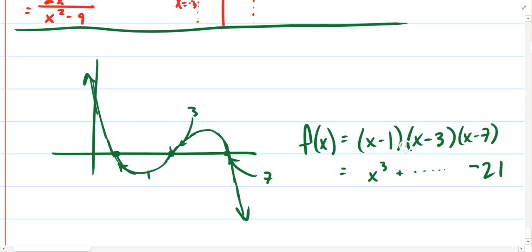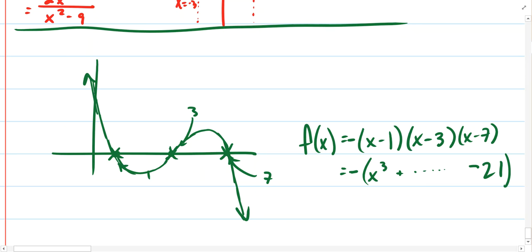While we would still start with the same factors to produce this shape, because the factors are dependent upon the locations of our x-intercepts, we would then have to consider how would we modify this factored result so that the leading coefficient would represent the direction of this particular graph. And sometimes it might be just as easy as introducing a negative sign here or here. That would not change the x-intercepts at all.